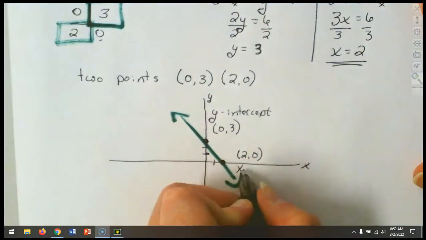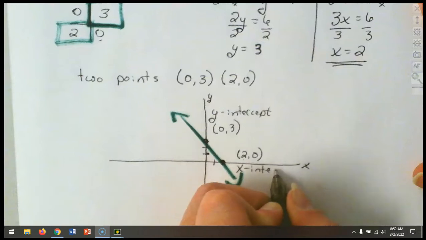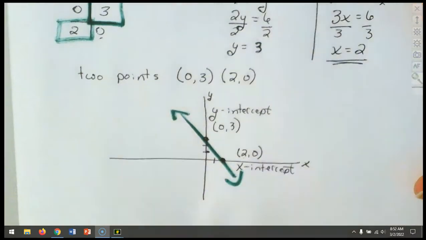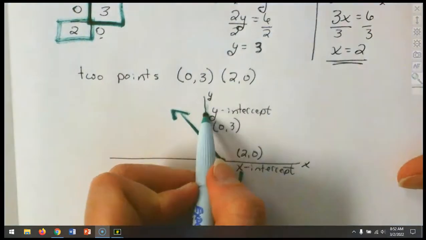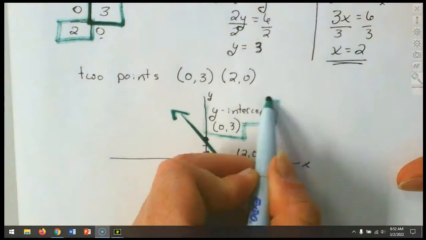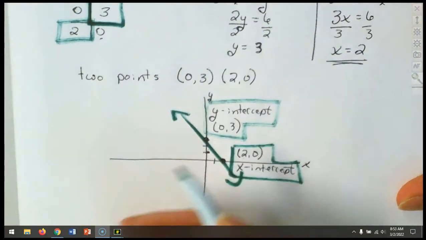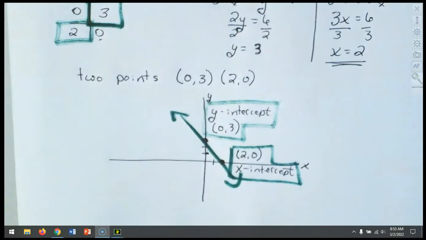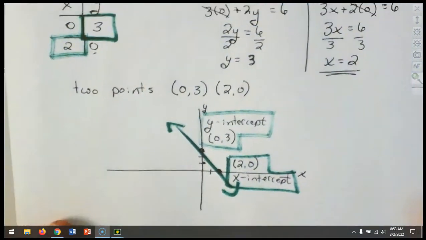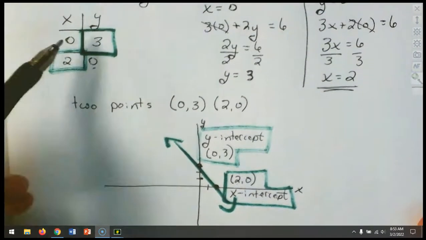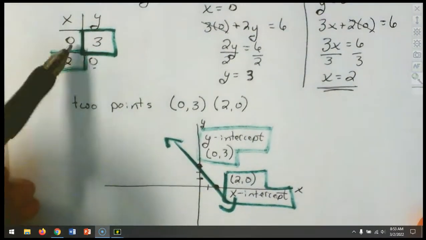So that one is going to be your x-intercept. So we've got our intercepts labeled. We've got our graph drawn. And now we have finished this question. So we found our intercepts, and we graphed them. Now, when we find the intercepts, that's when we put our zeros in.